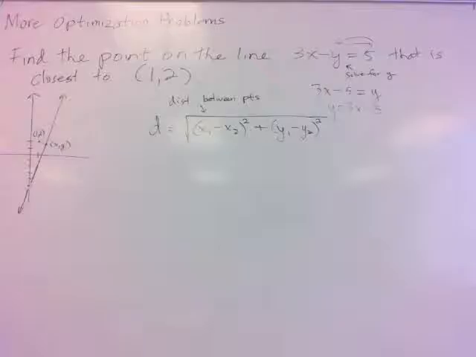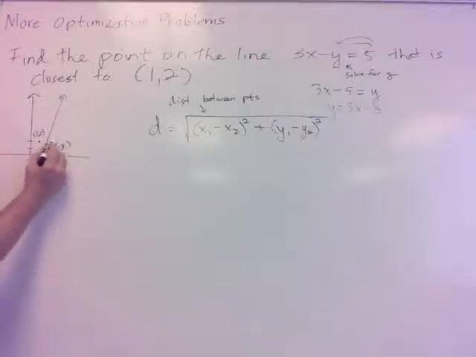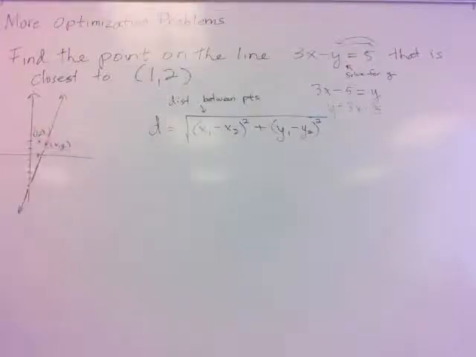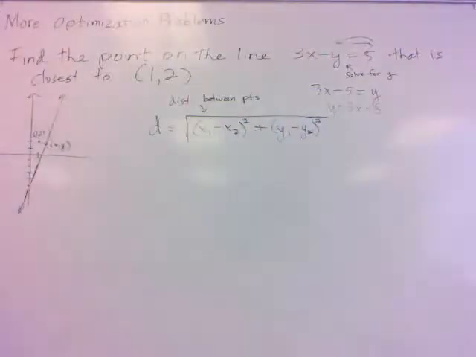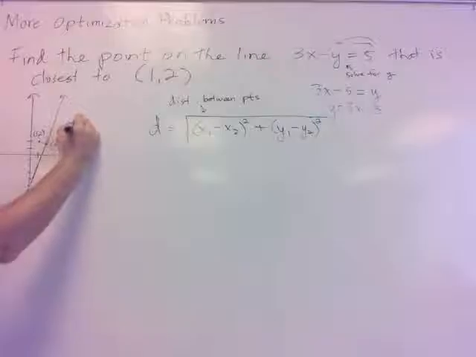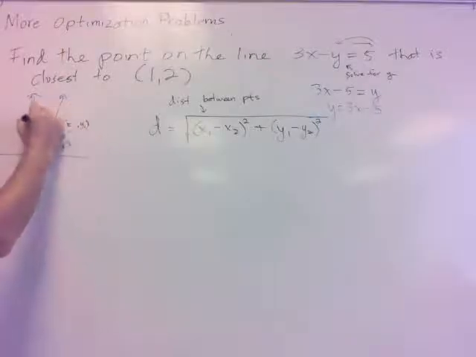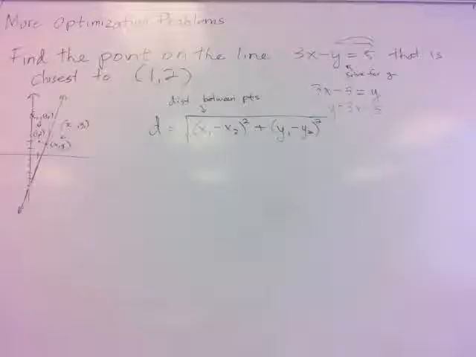Now, here's the story. x1, y1 and x2, y2, that's just the two points. Call x1, y1 the first point and x2, y2 the second point. I'll call this one my x1, y1, and this my x2, y2, right there. And just plug those in.